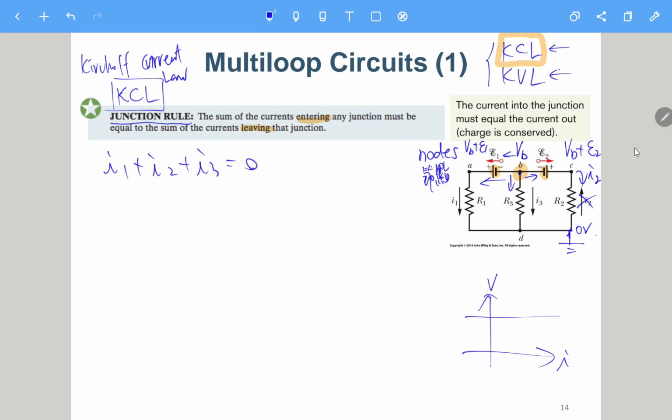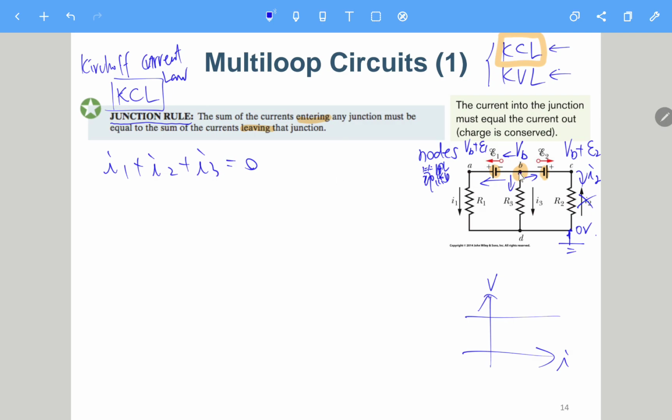If you use the original one, I1 plus I3 should be equal to I2. But usually I just define all the current to be going out or all the current to be going in. Even for the same circuit, you can define going out or going in in 2 different ways for different nodes.